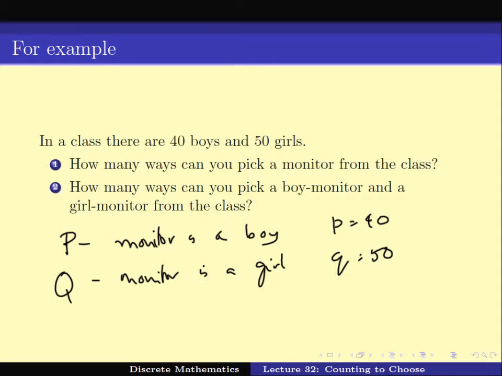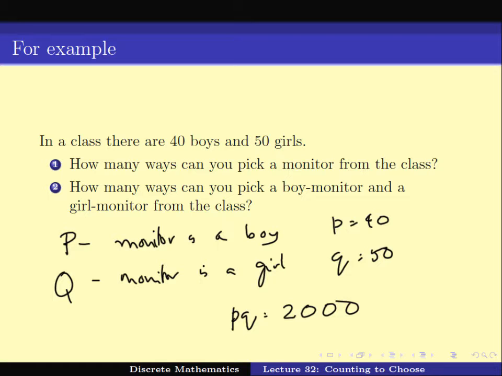Now the number of ways I can pick first a boy monitor and then a girl monitor is, by the product rule, p times q, which is 40 times 50, which is 2000.